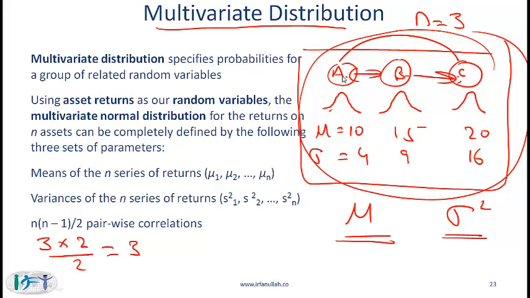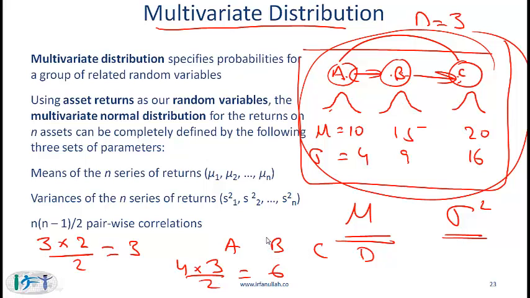So if you have three variables, then you need to have three pairwise correlations. If you happen to have four variables, say A, B, C, and D, then you would need to have 4 into 3 divided by 2, which is 6 pairwise correlations. And I'm sure you can do a quick analysis here and determine that 6 pairwise correlations will be necessary.